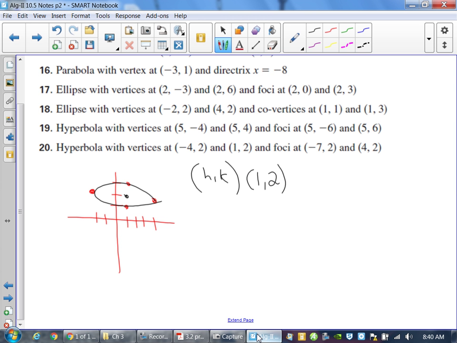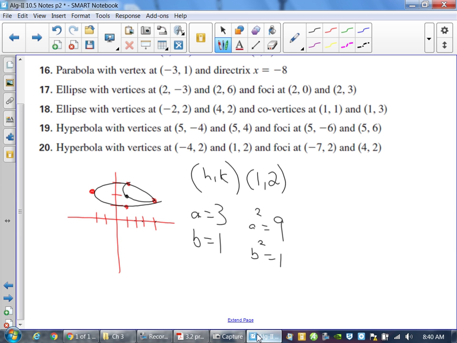Your A value is the distance from the center to the vertex, so this was 1, 2, 3. So A is 3. Our B value is 1. So our A squared is 9, B squared is 1.